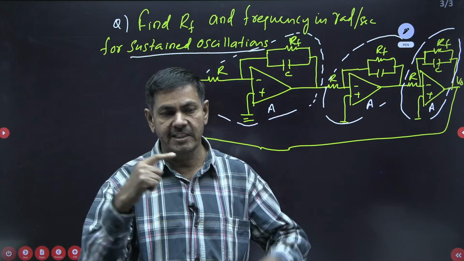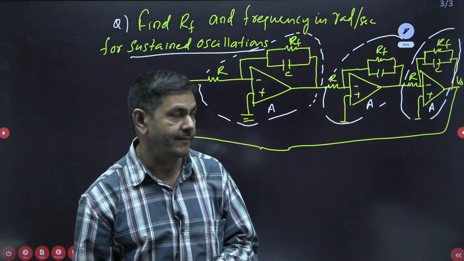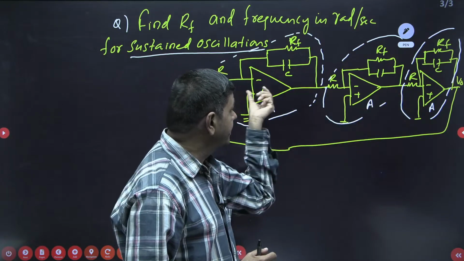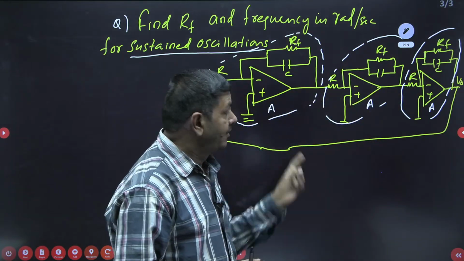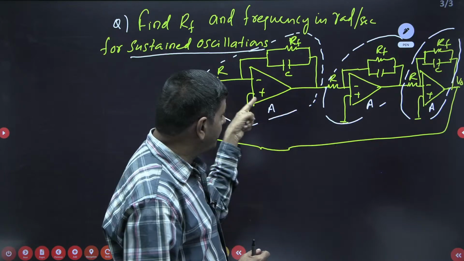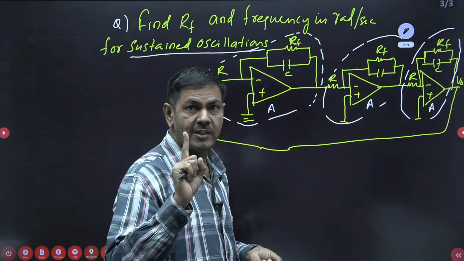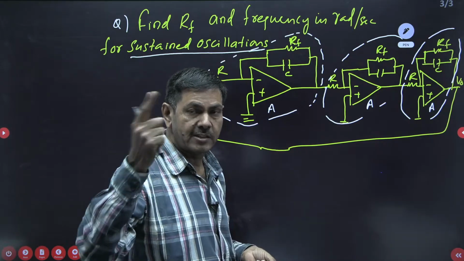Here we have three networks, three operational amplifiers. What is the total loop gain available? The total loop gain must be 1 only. A beta equal to 1 is the total loop gain.